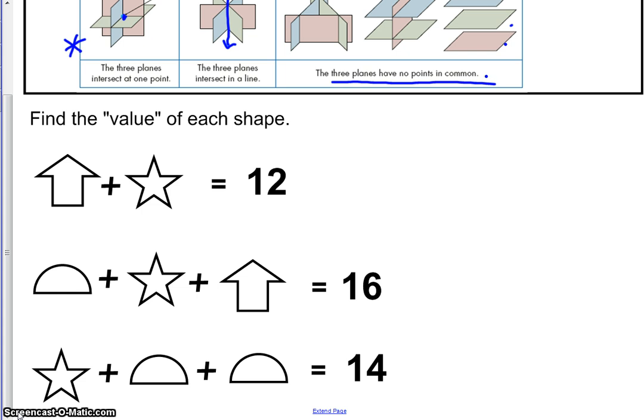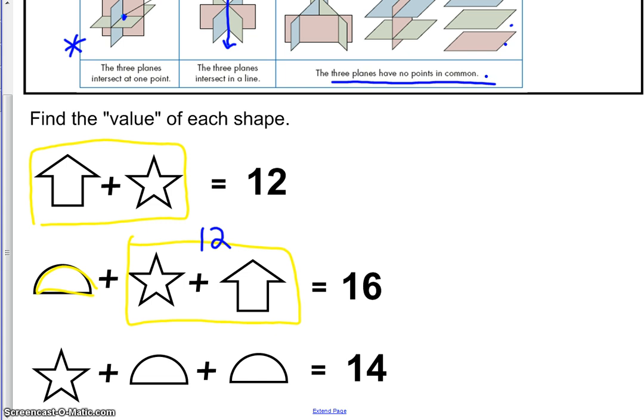If my arrow plus my star can be replaced with 12, it doesn't matter the order, that can be replaced with the number 12. Then we're asking ourselves, what plus the number 12 equals 16?